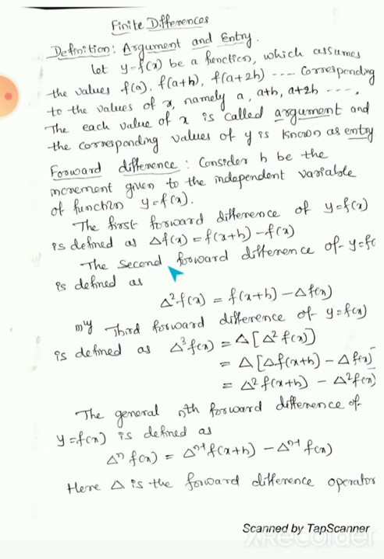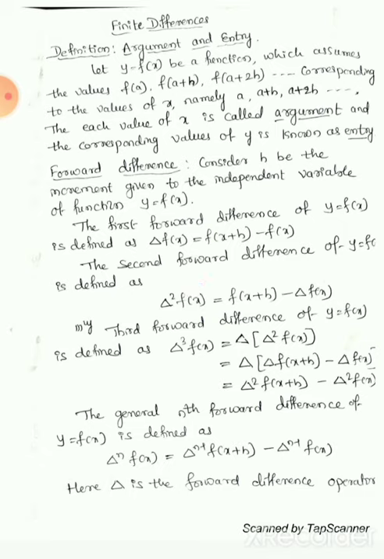This del is the operator for the forward difference. Here f of x plus h is the y value at x plus h, and f of x is the y value at x. Therefore, the second value minus the first value of your function is the first forward difference of your function y is equal to f of x.